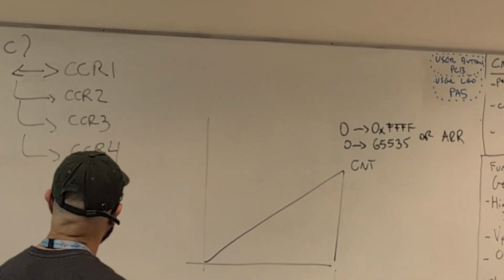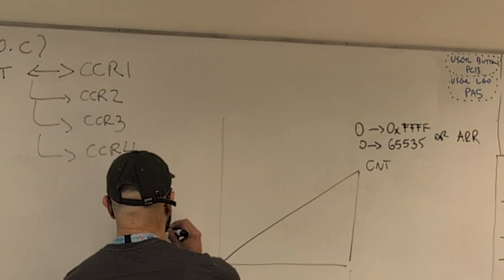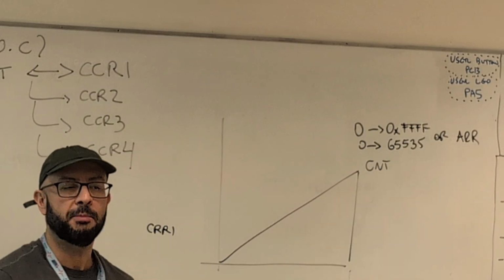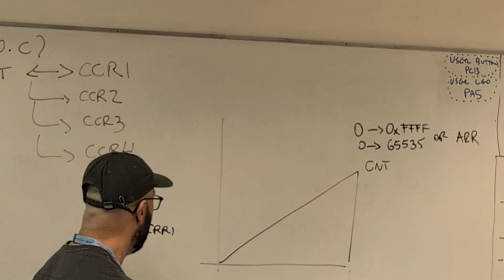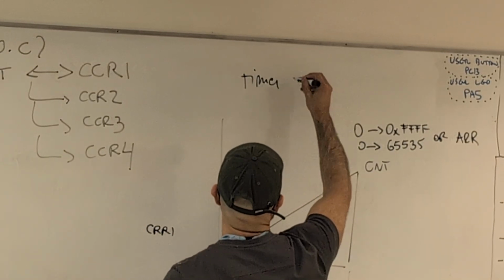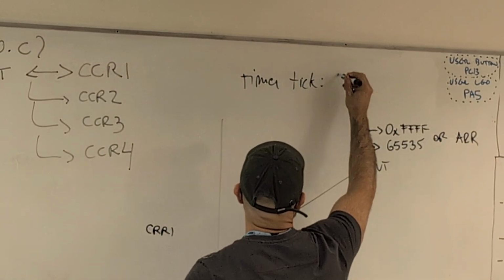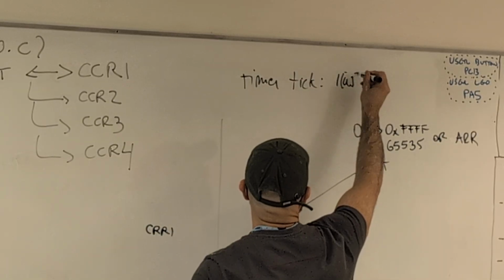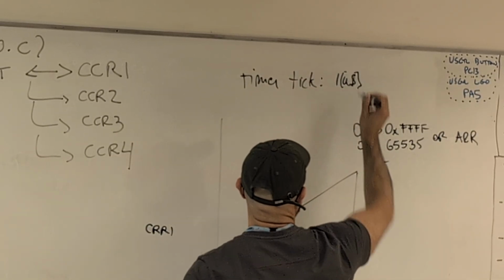Okay. So how is this output compare event going to work? This is where it's interesting. I'm going to grab capture compare register 1. Let's assume that I'm using just the first capture compare register, and let's pretend that this timer, whatever timer it is, is ticking at 1 microsecond. See, that's why I like you to use 1 microsecond, because that's a convenient number.